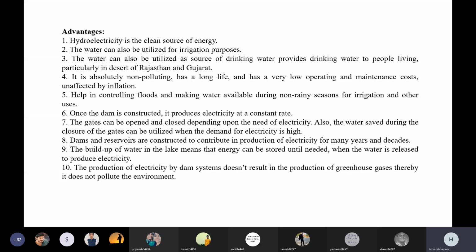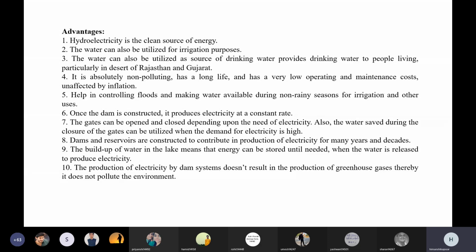So to set up water plants, you have to make dams, and in a way you are also controlling the risk of flooding, because you are just storing that excess amount of water, which increases the water level of the rivers in the rainy seasons. So you can easily store it, and then you can make electricity out of it.